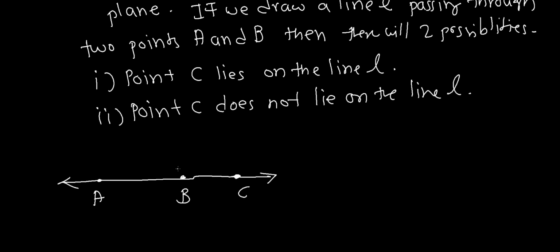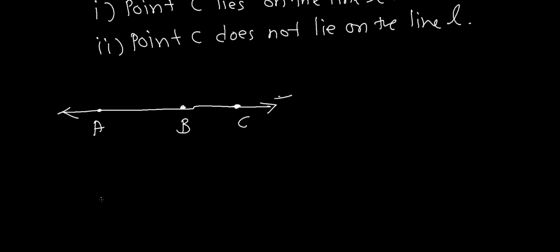So this is the first case. And the second case will be that the line goes through points A and B, and point C lies outside of the line in the plane.